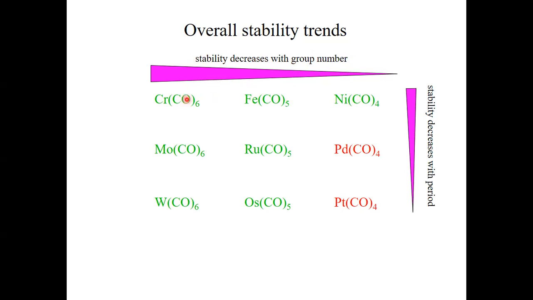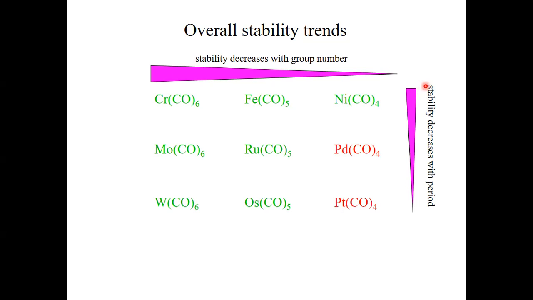That is because the pi orbital overlap decreases from group 6 to group 8 to group 10, just because the pi orbital overlap is best for the octahedral structure. It's less effective for the trigonal bipyramidal structure, and it's least effective for the tetrahedral structure. So this explains this trend.